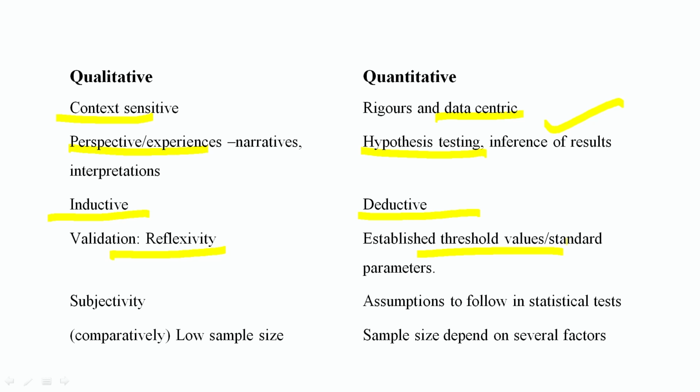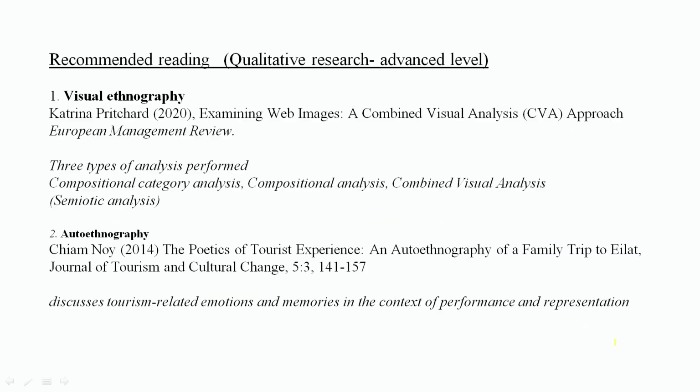So, subjectivity is one of the issues with qualitative research, but to make it more precise, assumptions have to be followed in statistical tests. We have to stringently follow the assumptions. Qualitative researchers use low sample numbers, a smaller sample size can work, but in quantitative research we should have a larger sample size.